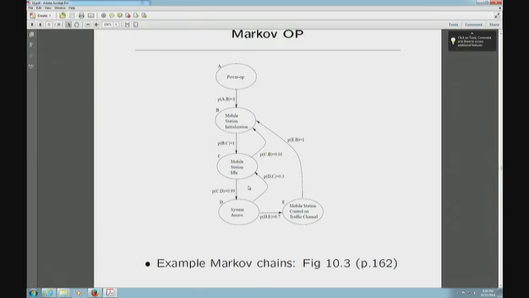But now, in addition to the basic states and the transitions, we added some probability information. Whenever there's a choice, we need to add probability information. Of course, when there's only one choice, the probability of making that choice is 1. So the probability of A to B, that's the only choice, so the probability is 1.